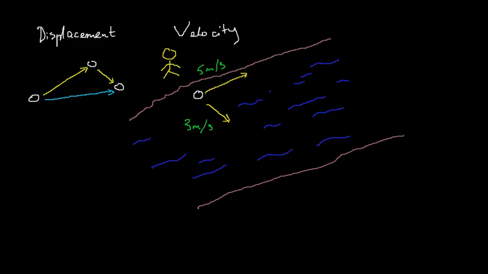Well, let's try to imagine this situation. Suppose we think of what happens if either of these velocity vectors is not there. Suppose that we can turn off the motion of the river, and the ball is just moving along this direction at 3 meters per second.